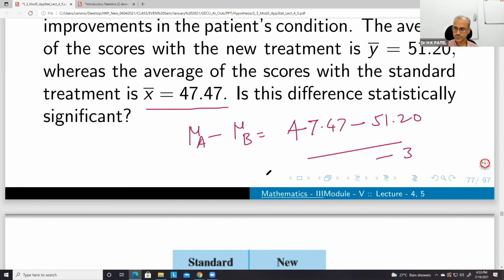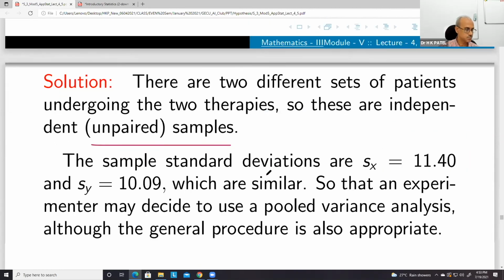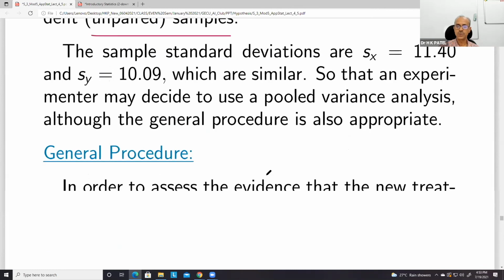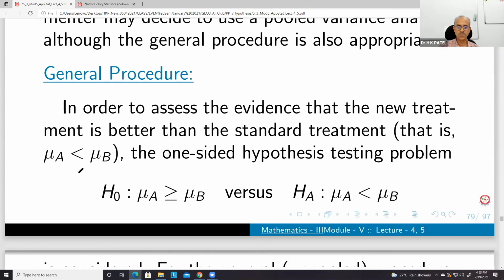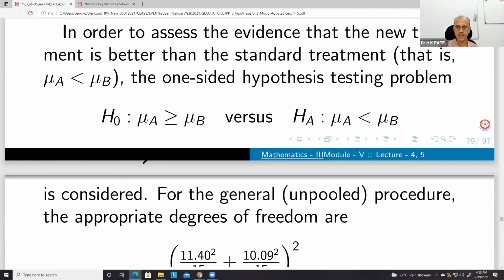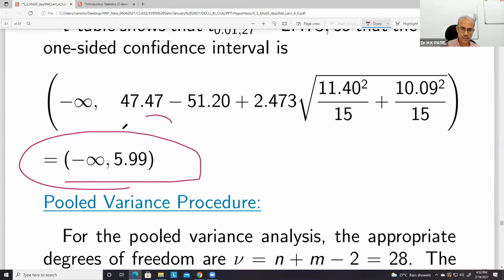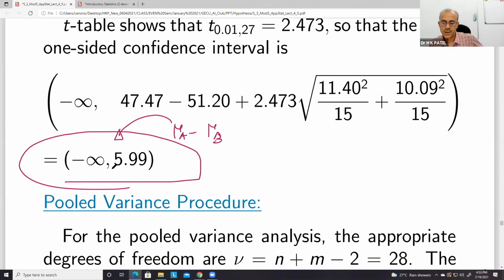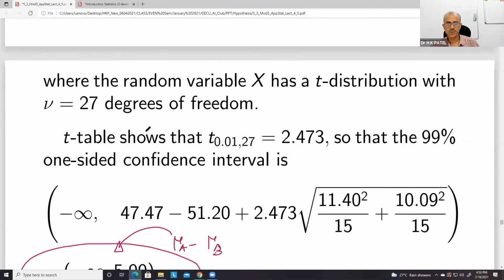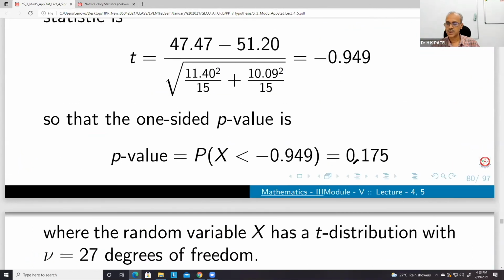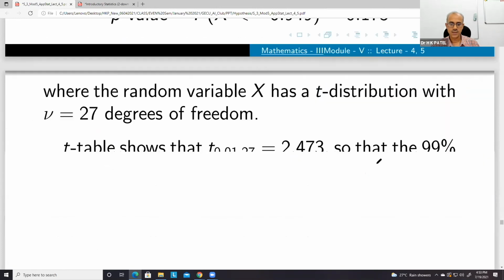The confidence interval we have got is minus infinity to 5.99. So definitely mu A minus mu B lies within these two numbers. It means that we should accept the null hypothesis. The p-value approach also suggests the null hypothesis should be accepted.